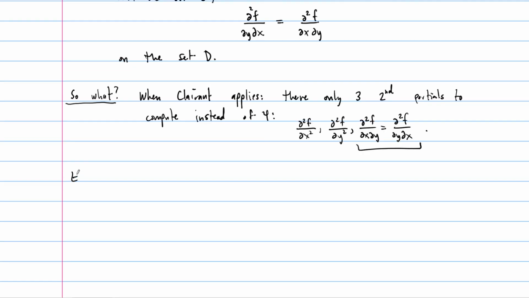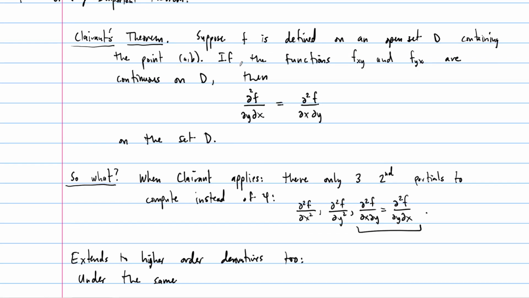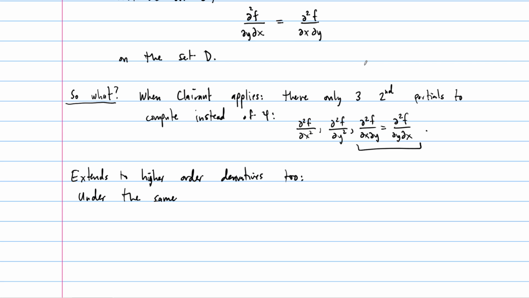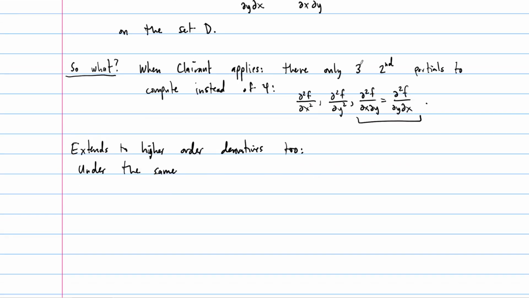Okay, this whole idea extends to even higher derivatives. So this theorem extends to higher order derivatives as well, under the same conditions, meaning that whatever partial derivatives you want to be equal must be continuous on that open set. Whatever they are, third, fourth, fifth, sixth derivatives, they have to be continuous on the set D, and then they're equal to each other.